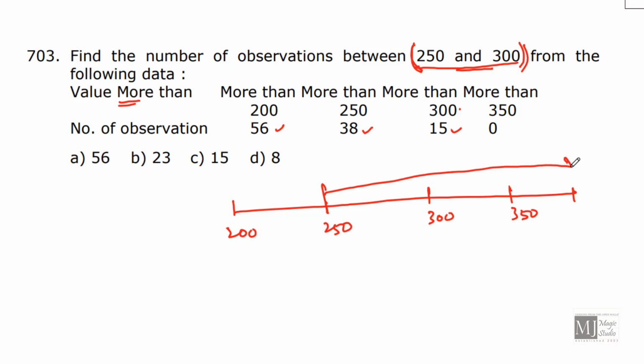More than 250 means this coverage is like 38 units, and more than 300 means this coverage is 15 units. So how many should be between 250 and 300? 38 minus 15, that is 23.